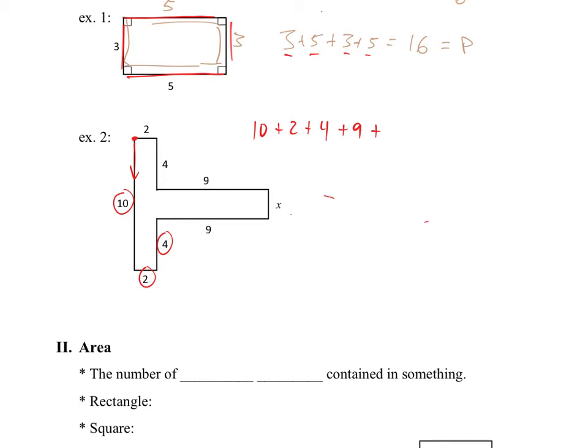Okay, so we need to figure out what x is, right? I'm just going to leave a blank and a little spot where I could put x in a second. Let's finish it off. Then we had that 9. Now we need to add this 9 to it, plus the 4, plus the 2. So do you agree I got all those sides in there?